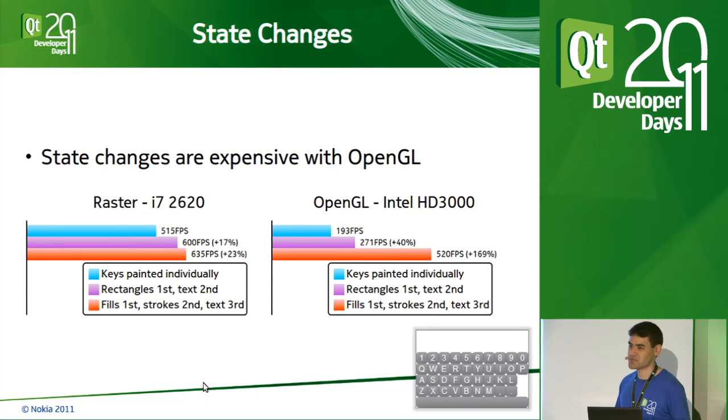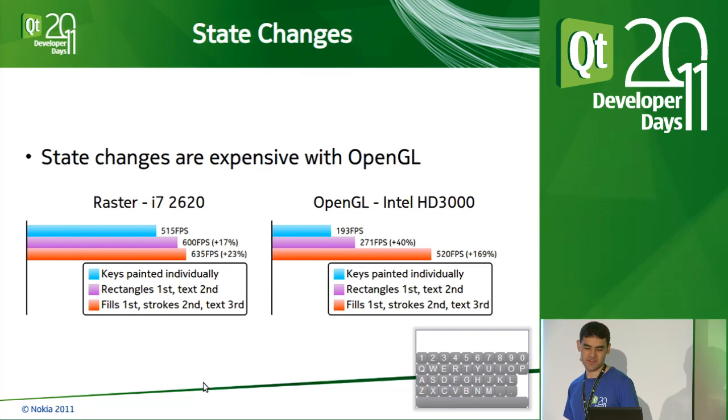And finally, I've split up the rounded rectangle. I've split the fill and stroke. So I render first all the fills, then all the strokes around those fills, and then all the text on top. In code, it looks like I do more, because you first have to set the pen to no pen, and then the brush, then paint all the rectangles, then set the pen, and set the brush to no brush, then render all the rectangles again.